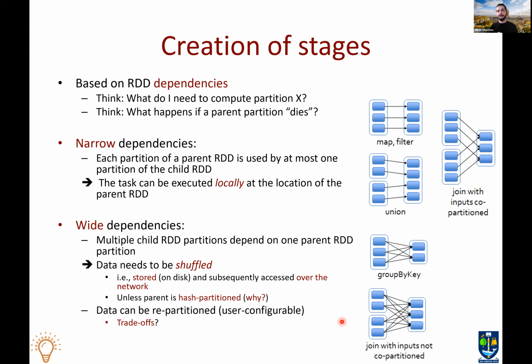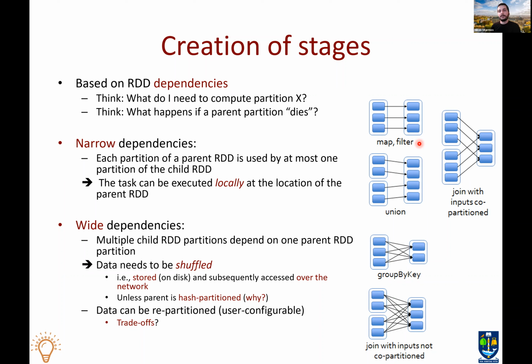Okay, but what you get after the repartitioning is a different definition of how parallel I can go, because, as we will see shortly, when you go through these dependencies and you create your stages and your pipelines of tasks, how many pipelines you have defines the maximum number of tasks you can have running in parallel.